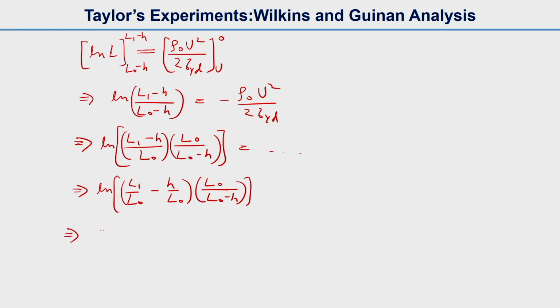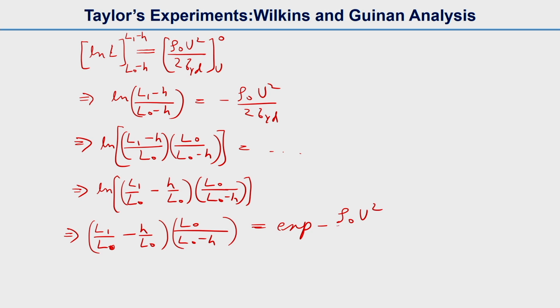So finally what we can do is keep this out, and this will give us this exponential of minus rho naught u square by twice sigma yd, and then finally we want to get a relation for L1 by L0, which is 1 minus h by L0.